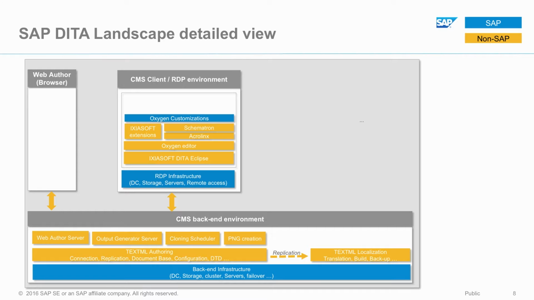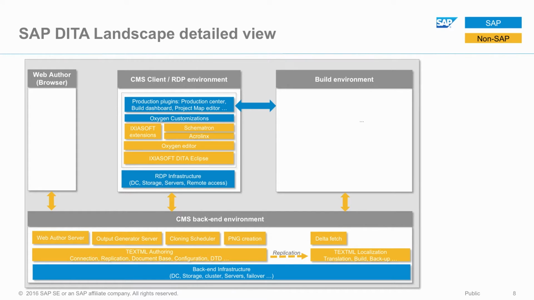We have Acrolinks, Schematron for quality checks used by authors, and we have implemented a lot of customization on top of Oxygen to create templates, some nice rendering features, and to make use of our special needs, for example, when we link to our ticketing system and so on.